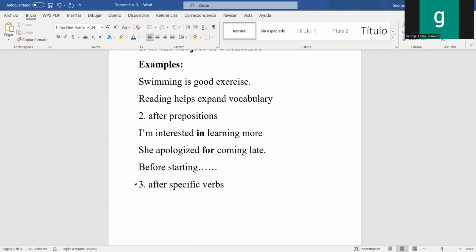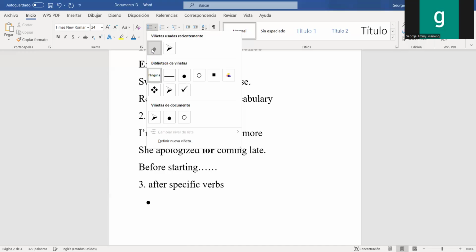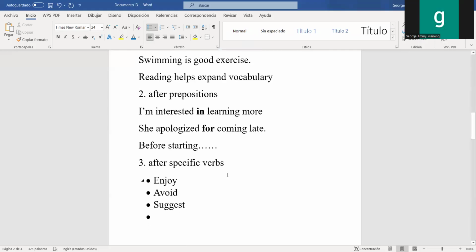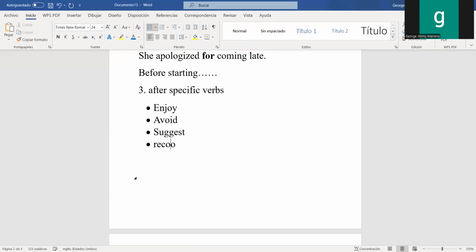Okay, so let's see some of them that can work with the gerund form. We're going to list them like this. We got enjoy, we also have avoid, we also have suggest, we also have recommend, we also have finish.